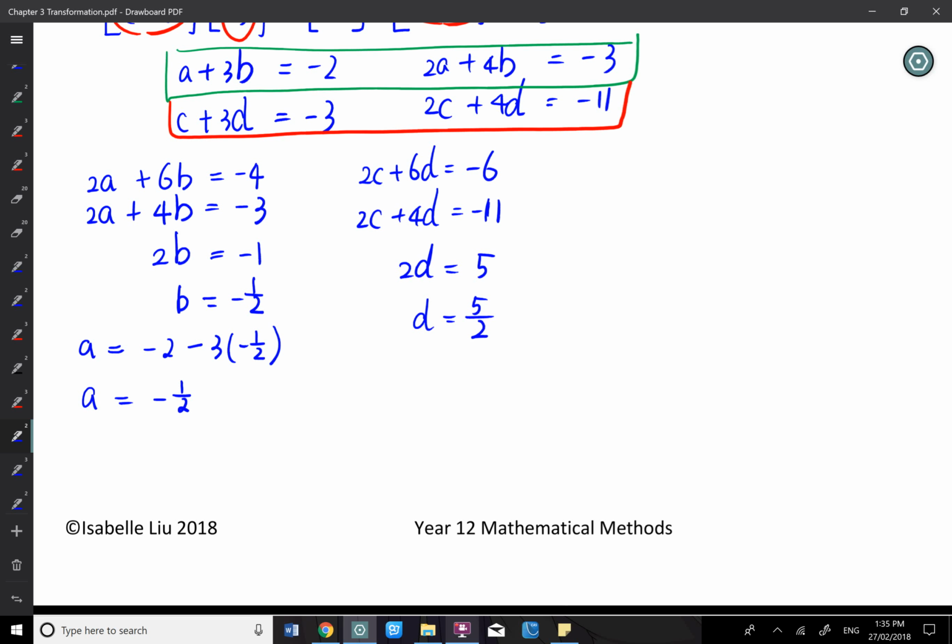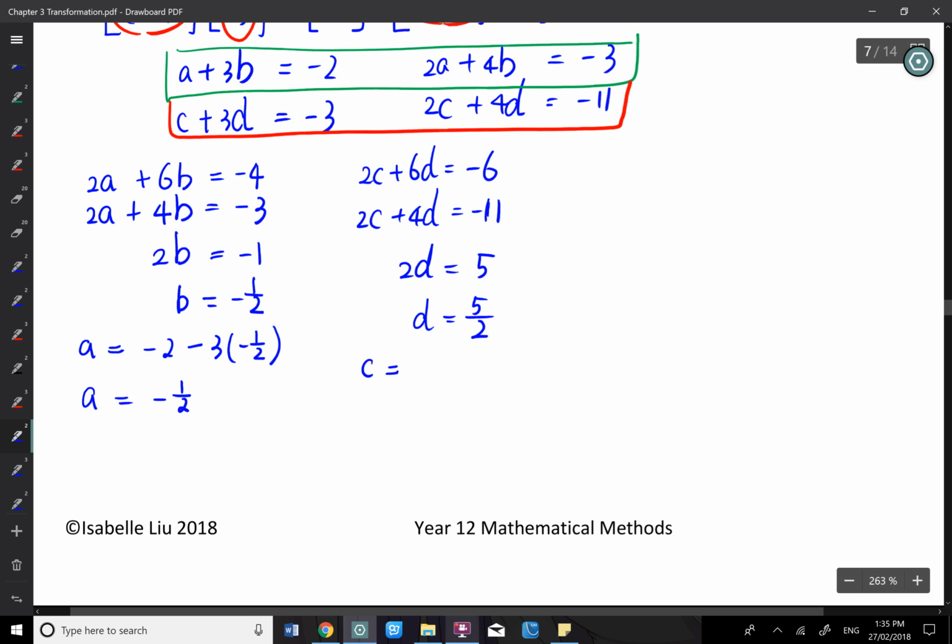It's just elimination: multiply the first equation by 2 and then subtract between the second one and the first one. So C equals -3 minus 3 times D. C will be -6/2 minus 15/2. C is -21/2.